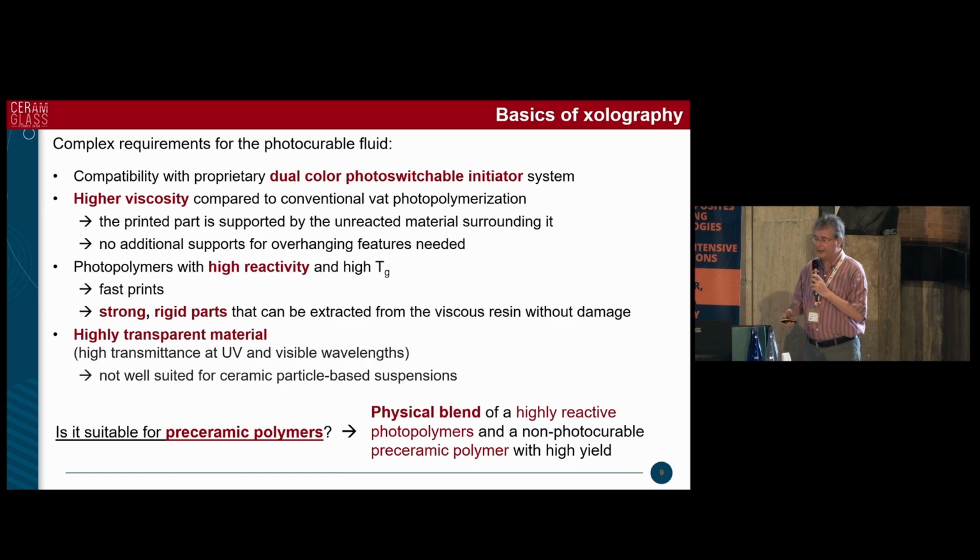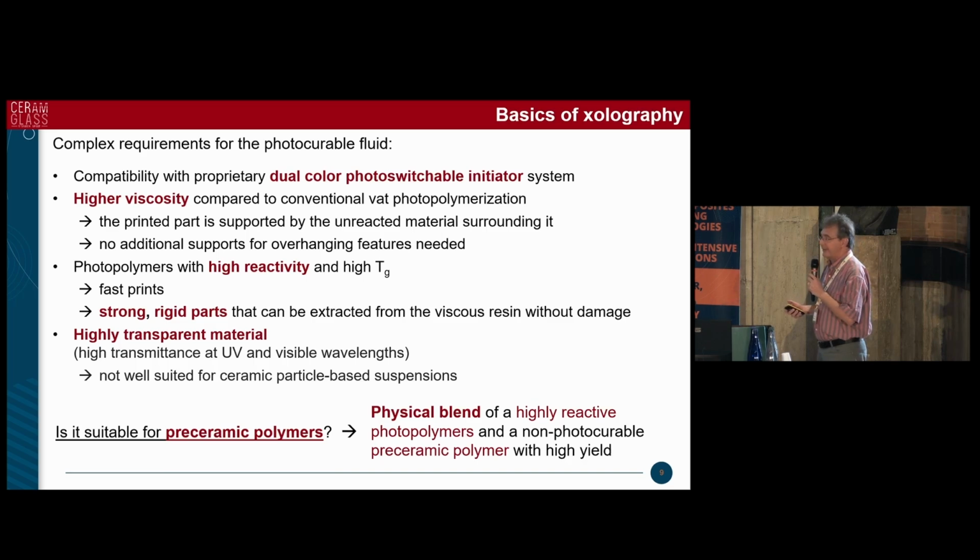So the issue is that this technology has been developed for conventional polymers. You need to have a system that is compatible with the proprietary dual color photo switchable initiator, type 2 photoinitiator, highly alkaline environment. The viscosity is very high.